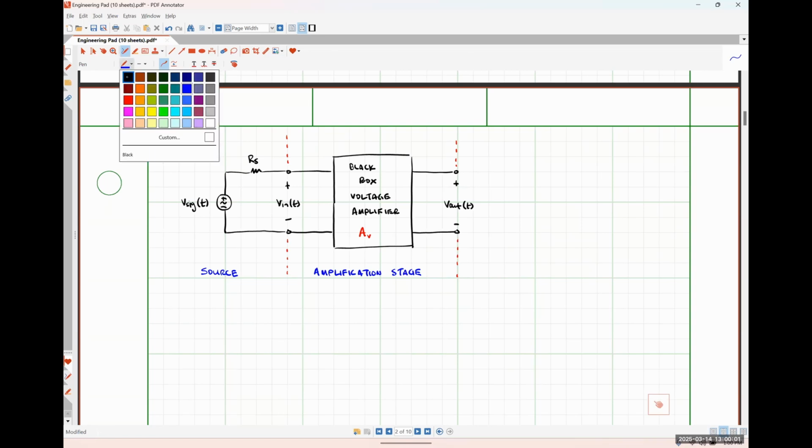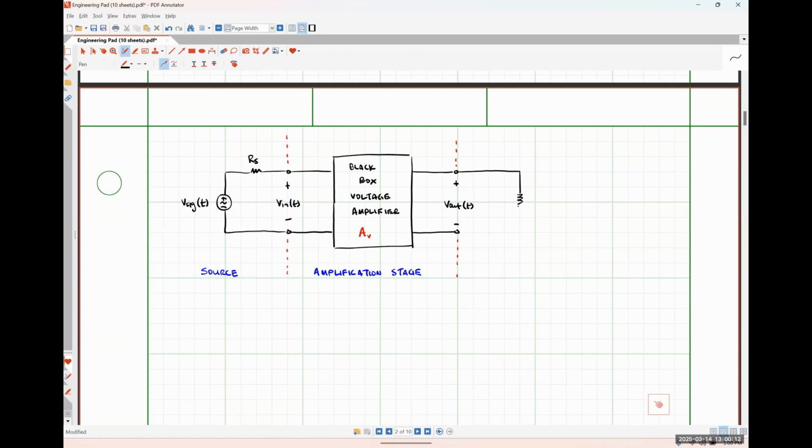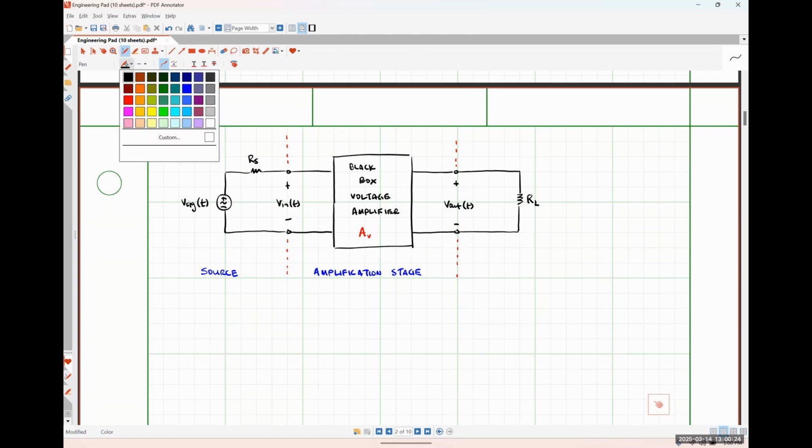On the output side of things, we are going to have our load, right? So I'm just going to choose, for this particular simplistic example, to have some resistive load, R sub L, right? Quite obviously, our load doesn't necessarily have to be resistive.